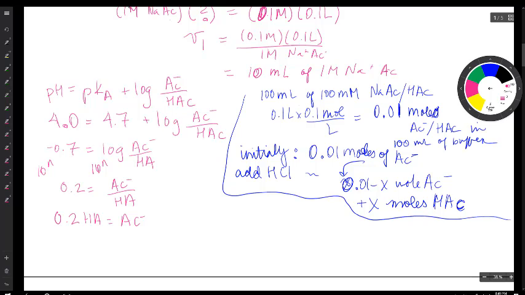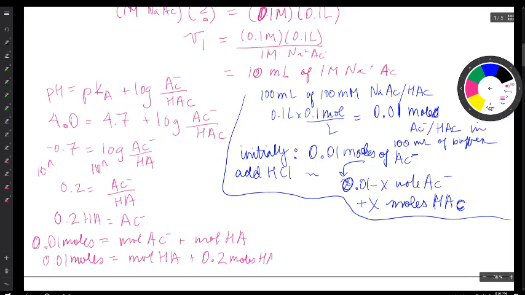So we know that our total number of moles of acetic acid and acetate is going to be equal to 0.01 moles. So that's going to be equal to moles of acetate plus moles of HA. It's going to be 0.01 moles. Going to be moles of HA plus 0.2 moles HA.